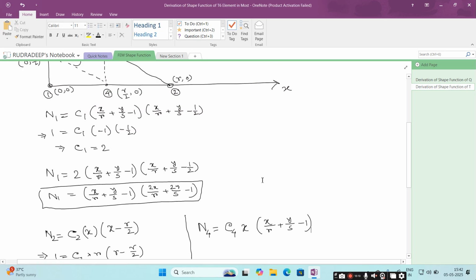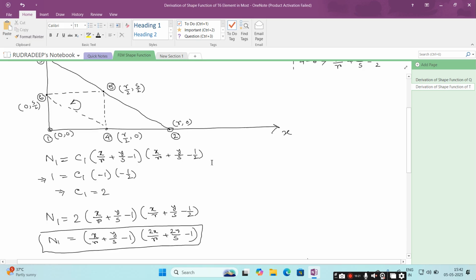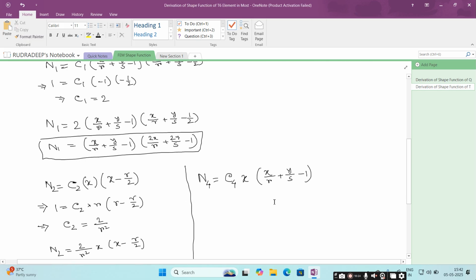And what is the location of node 4? That is r by 2, 0. So at location r by 2, 0, n4 will be 1.